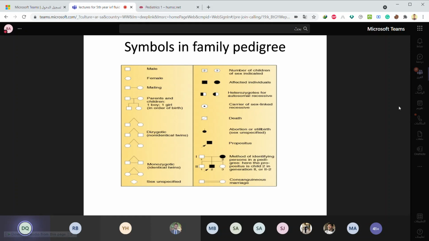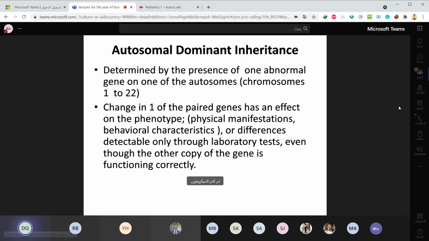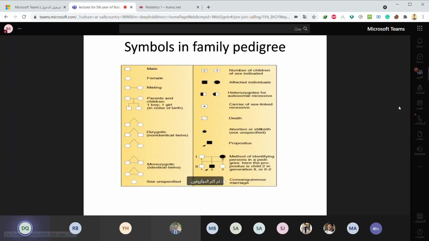White with a line through it means death. Half white, half black means heterozygous, or autosomal recessive disorder, one carrier but not affected.